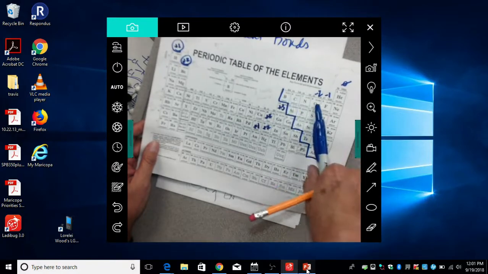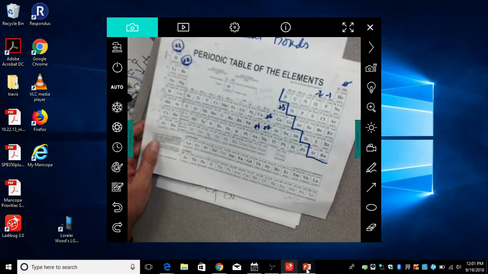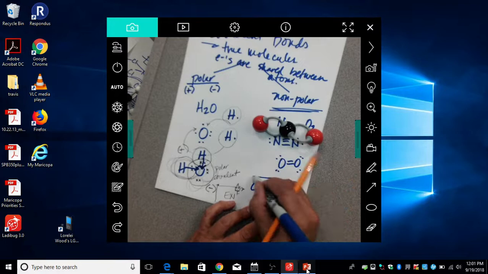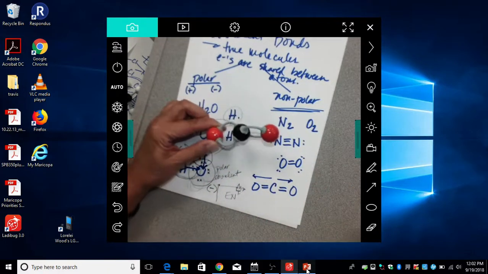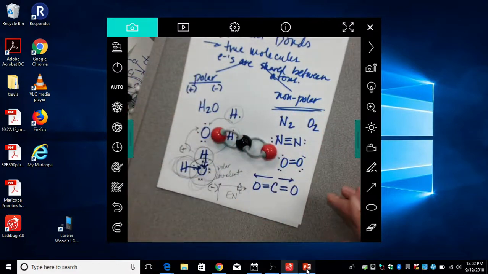Because it's further to this side, there's carbon, there's oxygen, and electronegativity increases left to right. So since oxygen is more electronegative, the electrons are going to be pulled in this direction, but because it's a very symmetrical molecule, and the electrons are pulled equally away from the center, symmetry cancels out the polarity. So even though the bond is polar, this bond is unequally shared, the entire molecule itself can be nonpolar. Okay?